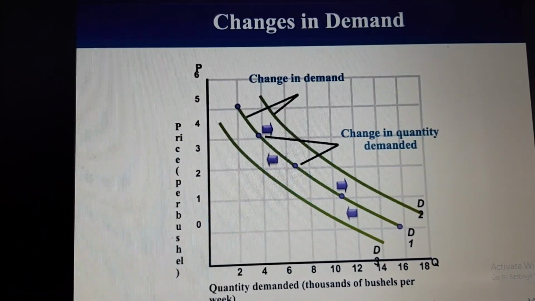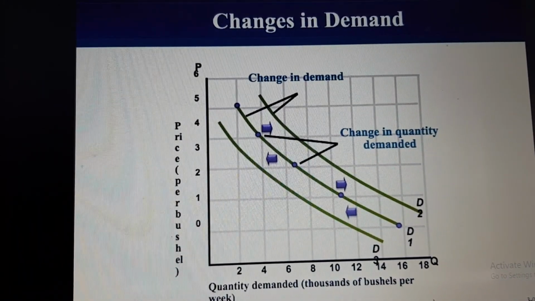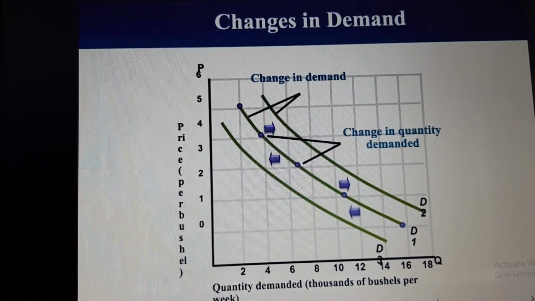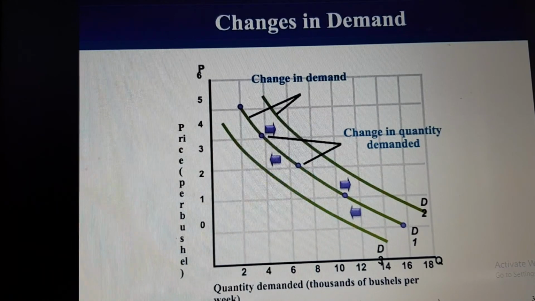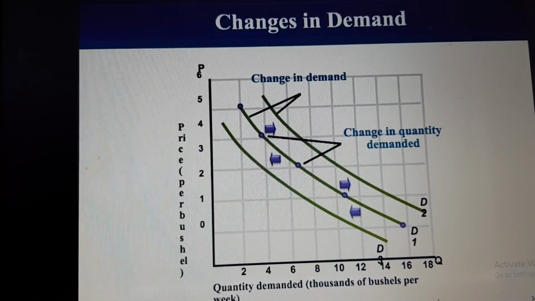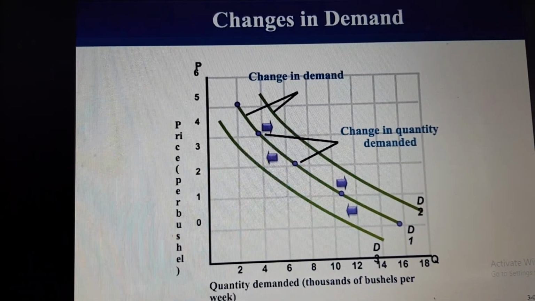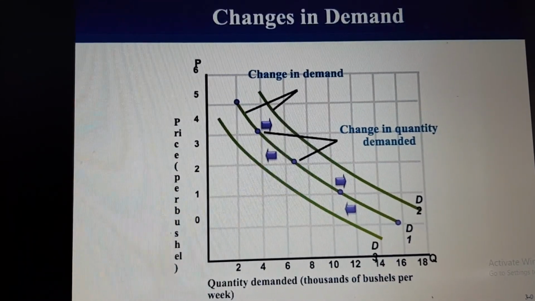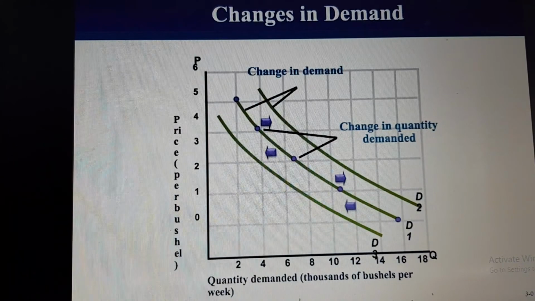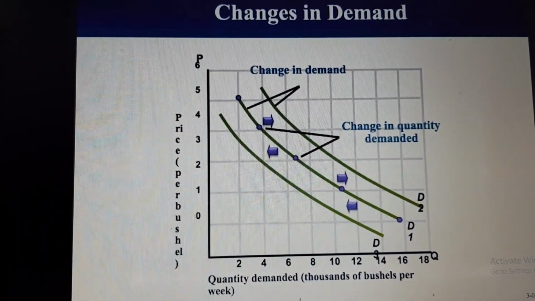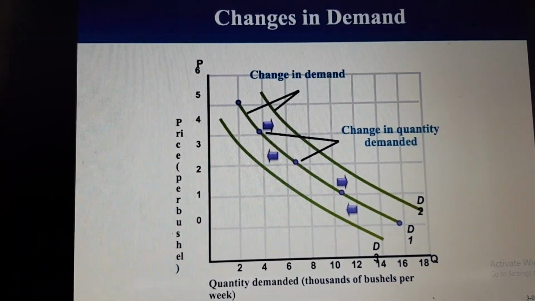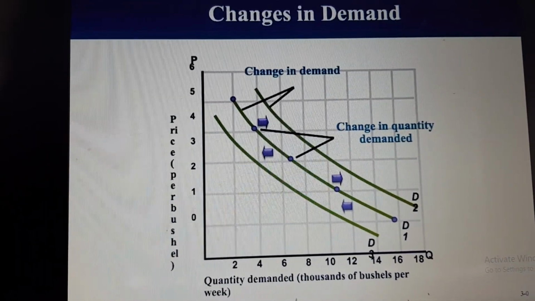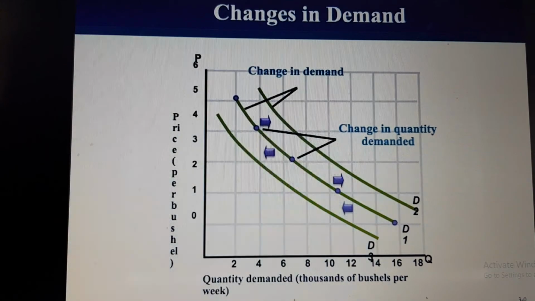Let's talk about the difference between a change in demand and a change in quantity demanded. The terminology is very important here, because when we say there's been a change in demand, that means there's been a shift in demand. So there's either been an increase in demand or a decrease in demand. When we say there's a change in quantity demanded, that means there's been a movement along the demand curve.